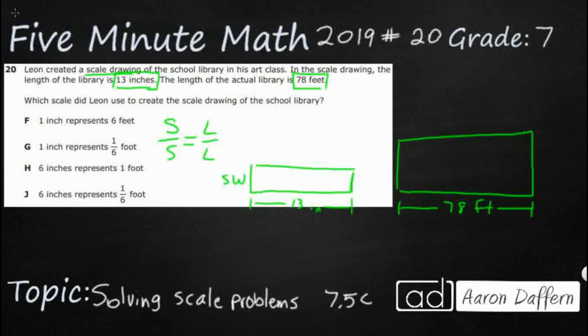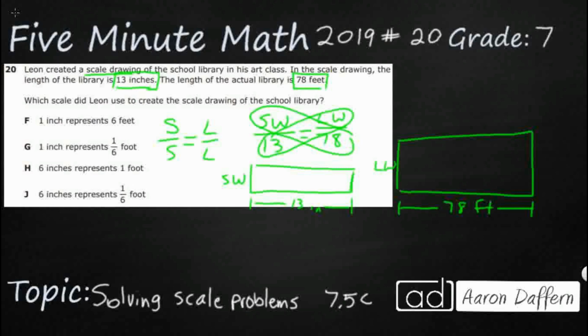So we could say the small width over 13 inches equals the large width over 78. That doesn't really help us because we've got 2 unknowns. If we cross multiply this, that doesn't help us because we don't know the small width or the large width.